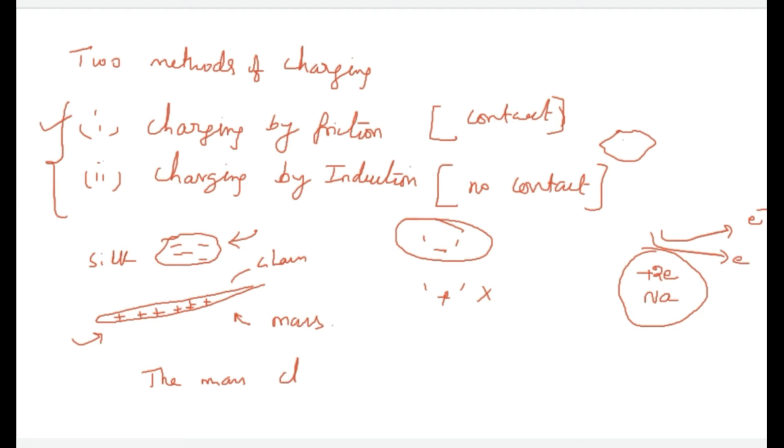The mass will automatically change during the transfer of charge. Suppose in this one, the silk cloth's mass is increased and the glass rod's mass is decreased. And these things are happening because of the charging by friction process, because of rubbing.